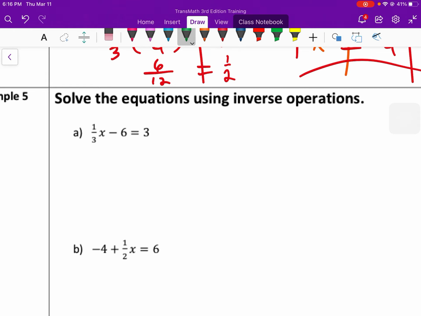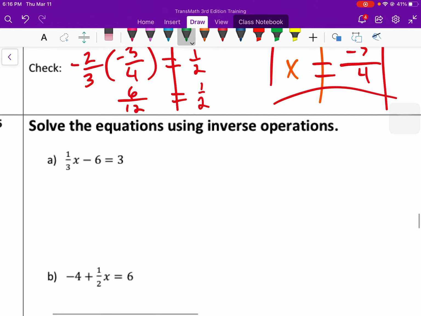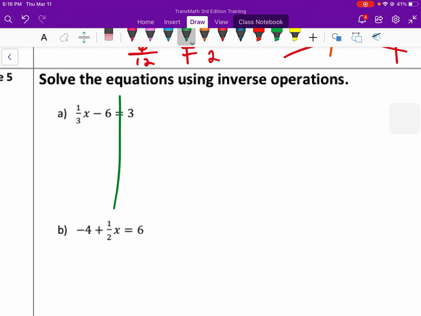Alright, now we're going to solve equations using inverse operations. These are the same inverse operations. So first, what we are going to want to do to solve this is add 6 to both sides. When we add 6, these inverses are now simplified because these are opposites. So what we're left with is 1/3 x equals 3 plus 6, which is 9.